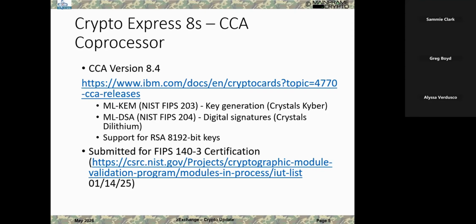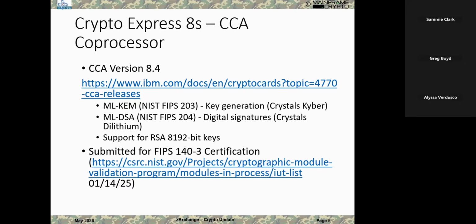What happened is after the Crypto Express 8 card was introduced on the Z16, IBM had implemented in the cards some of the new QSA capabilities that were coming down the line, and they introduced those even though they had not been formally adopted as standards.